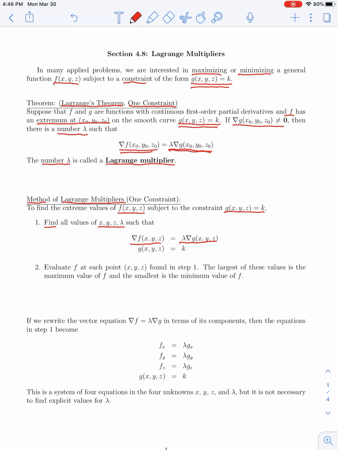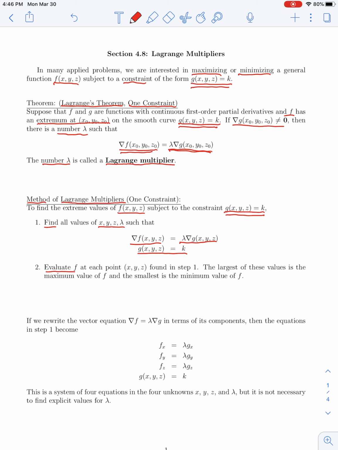So we know by Lagrange's theorem that if our function f has an extremum at any point, then that equation has to be satisfied. The gradients of f and g must be scalar multiples of each other. And we also have to satisfy the constraint. g(x, y, z) must be equal to k, whatever constant constraint we're given.